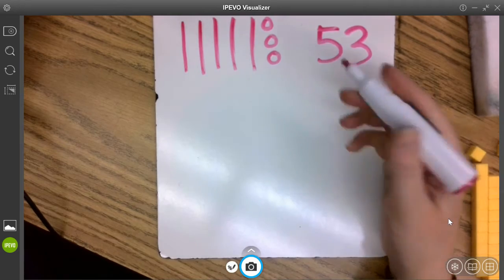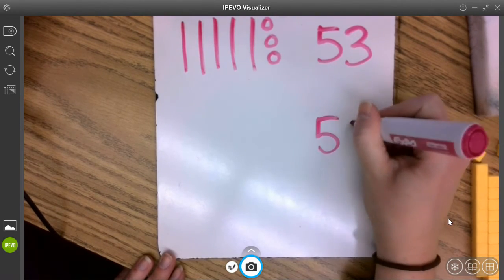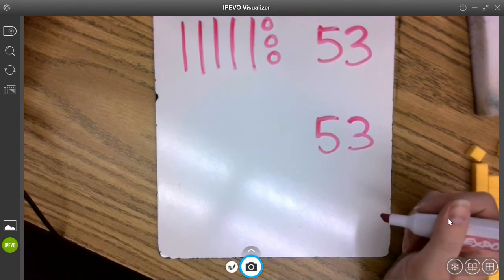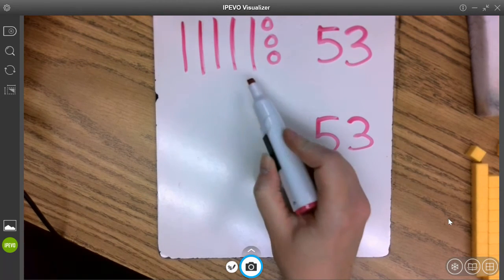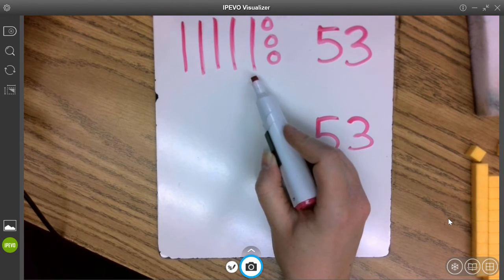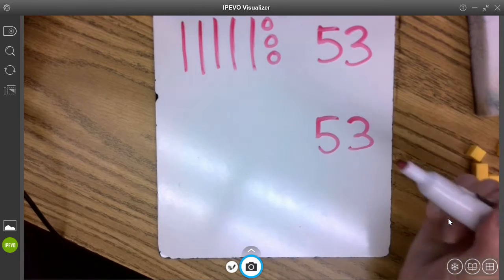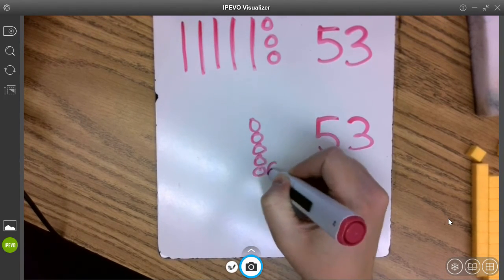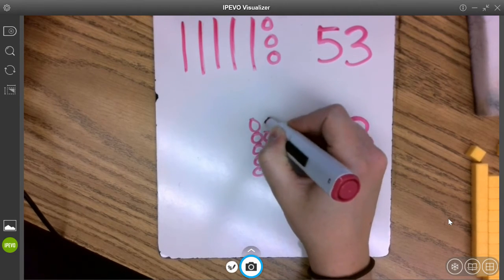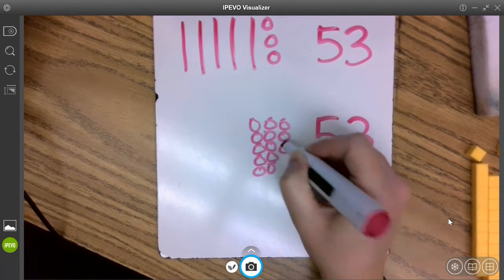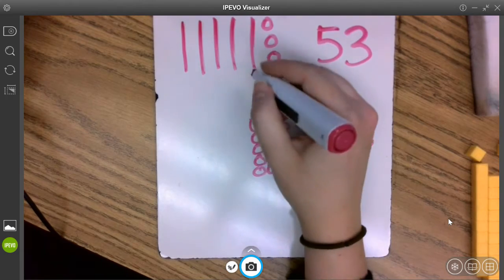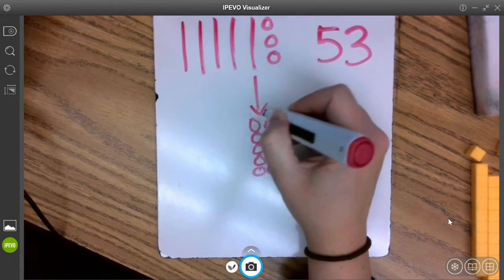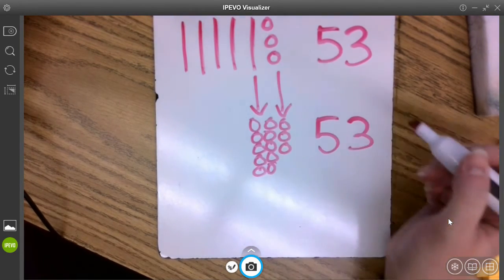Okay, what would be another way to make 53? We could take one of the 10s and break it into ones. Remember, one of these sticks is exactly the same thing as 10 bits. Okay, so I turned that into the 10 and kept my 3.